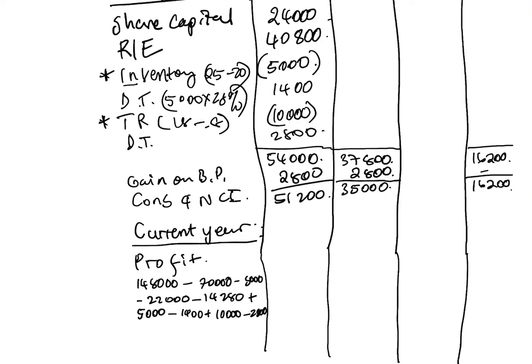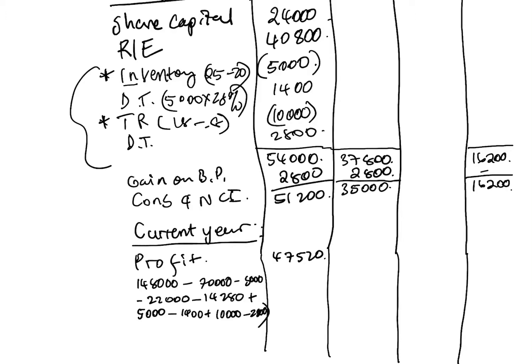Please don't forget, if you had written down anything at acquisition or written it up, you have to do the opposite of what you did here when you are realizing it. So you are going to get a total of 47,520.